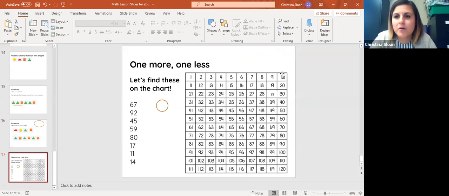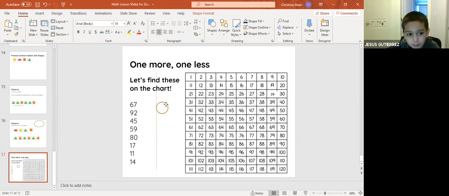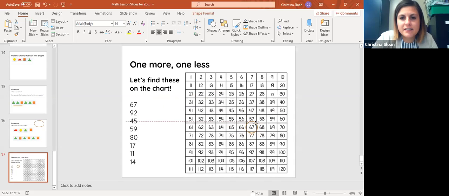When we go to the right, we're going up the line. When we go to the left, we're going down the line. So if we want to find one more, do we go up or down? Up. Up, very good.